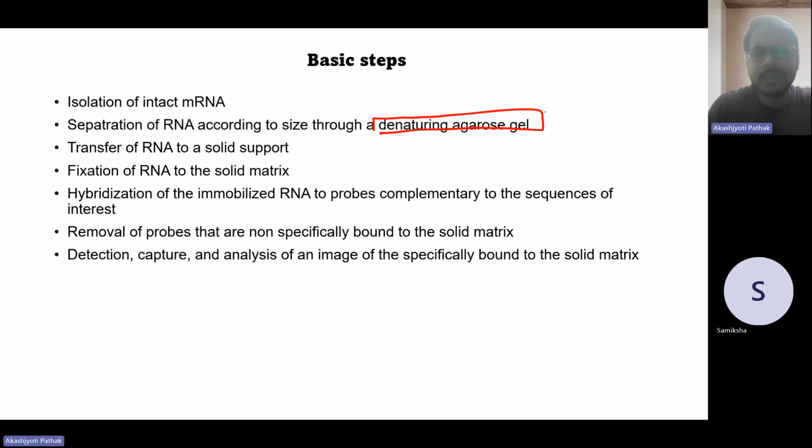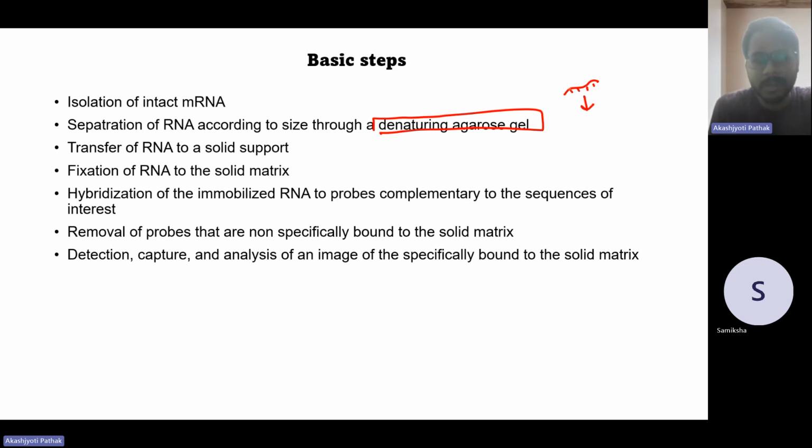This is because RNA is single stranded, so these RNA fragments can assume any secondary or tertiary structure.